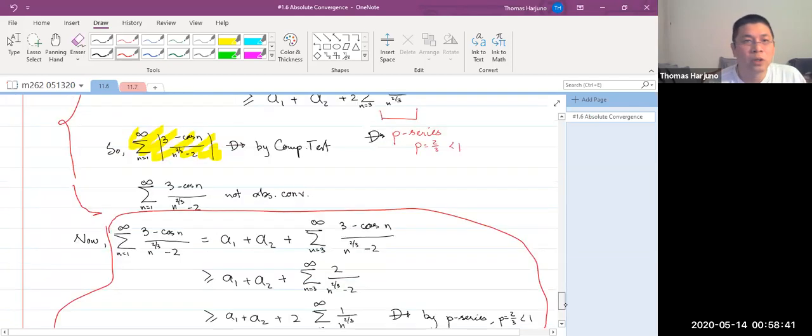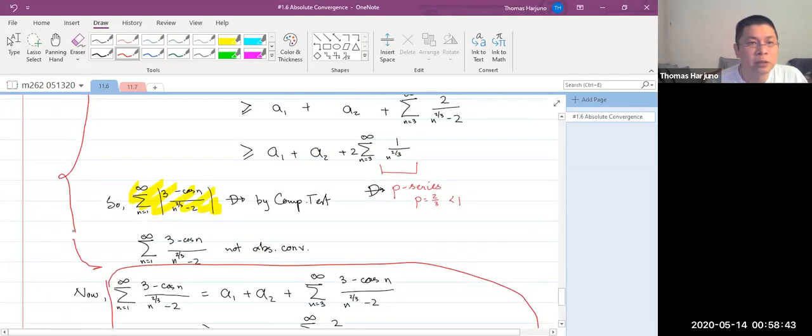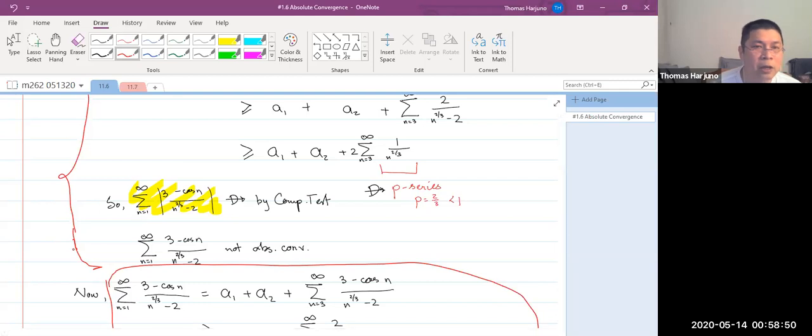The part where I put braces, you don't even need to show it, because all I did there is show that it's not absolutely convergent, but that doesn't mean it is not convergent. It doesn't imply that it is divergent directly. It's just not absolutely convergent.